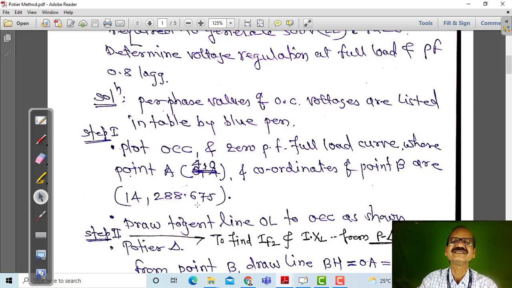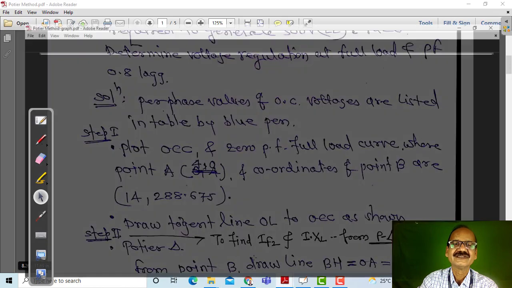This is obtained because 14 ampere excitation is required to generate 500 volt, and 500 divided by √3 is equal to 288.675. Then draw the 0 power factor full load curve also, as shown here.